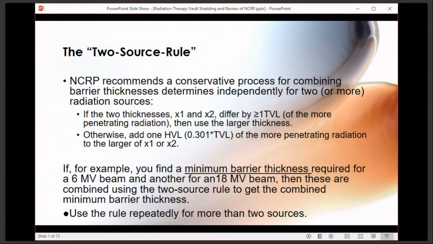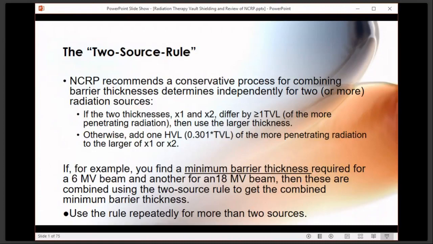So if that's the case, it's very simple. But on the other hand, if they differ by less than 1 TVL, then you need to add 1 half value layer, or 0.3 TVL, to the larger thickness.